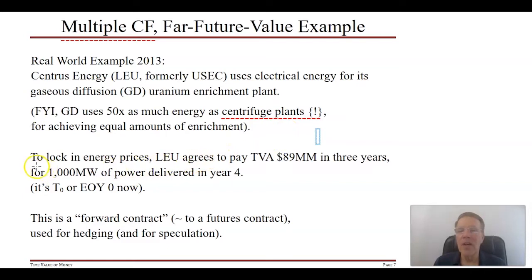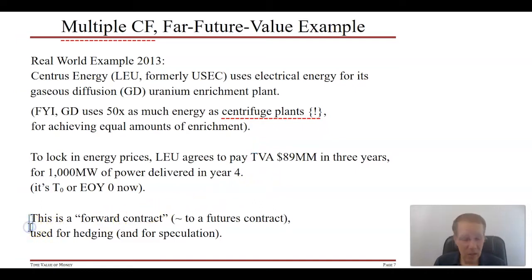Okay, so trying to help mitigate that and not go bankrupt, LEU got together with the Tennessee Valley Authority, which is an electric utility, and they went into a contract that said in 3 years they would pay the Tennessee Valley Authority $89 million for 1,000 megawatts of power to be delivered in the following year, right?